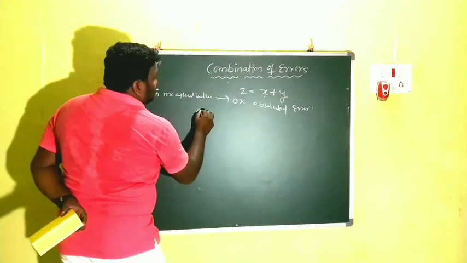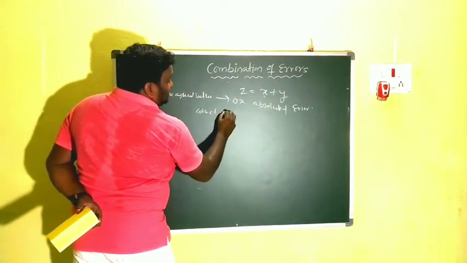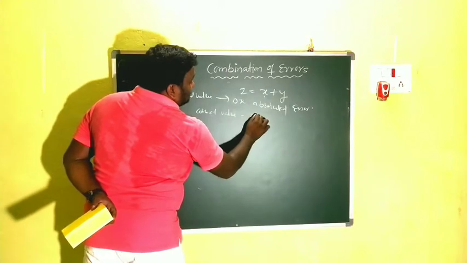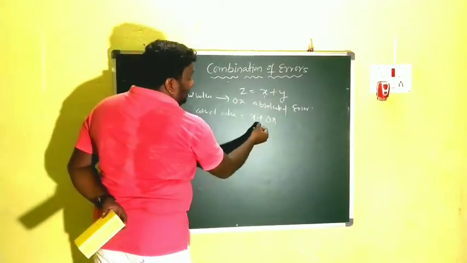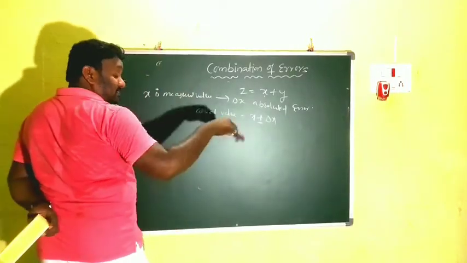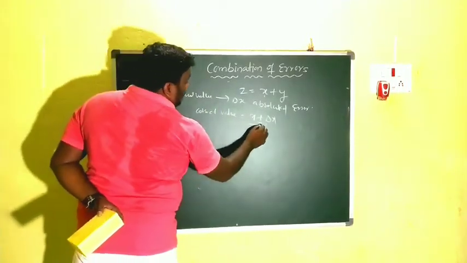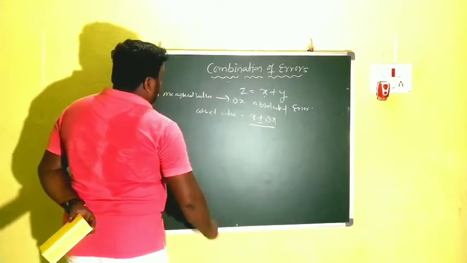Then what can we write as the correct value? X plus delta x. So if you are getting less value, you can add. If you are getting more, we will subtract. That's why we take x plus delta x as the correct value.